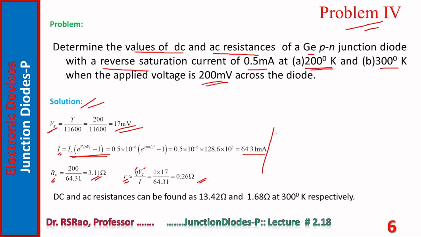In the same manner, these two quantities, DC and AC resistances, can be determined at 300 Kelvin too. They turn out to be 13.42 ohms and 1.68 ohms. First one is forward DC resistance. Second one is forward AC resistance.